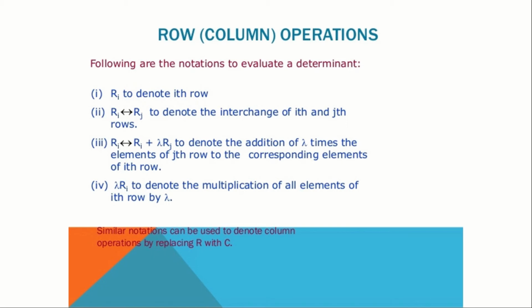That Greek symbol is lambda. It denotes the addition of lambda times the elements of the jth row to the corresponding elements in the ith row. Lambda Ri denotes the multiplication of all the elements of the ith row by lambda. Similarly, these notations can be used to denote column operations by replacing R with C. When we use R, it will be a row operation. When we use C, then it will be a column operation.